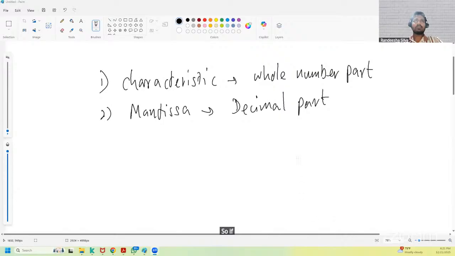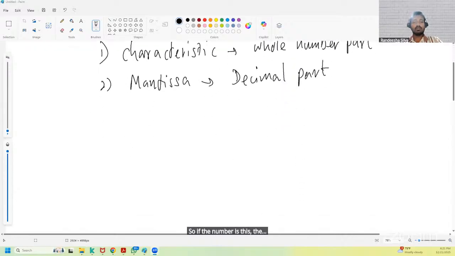If the number is this, think about 835.2. If we need to identify the characteristic, what do we have to do? Here it has three digits in the integral part, which means 8, 3, and 5.